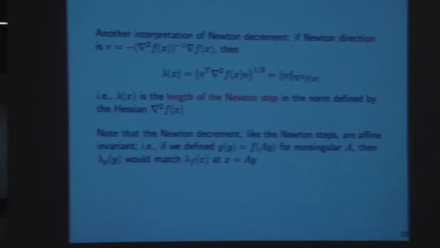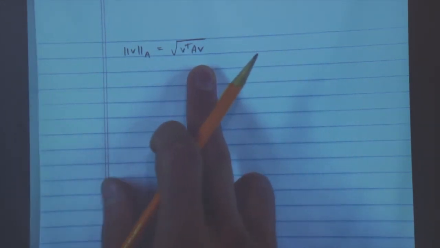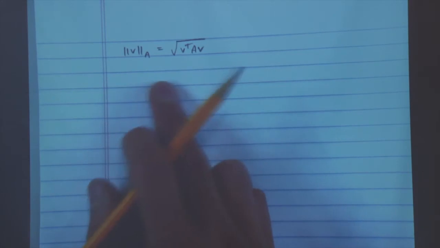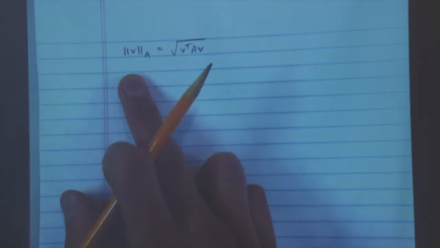The A norm we can think of, right, of a vector, for a positive semi-definite A. We can define it like this. You might have seen this in statistics called Mahalanobis distance sometimes. We didn't talk a lot about steepest descent. I think you talked about it a little bit. In steepest descent, we might consider changing gradient descent from basically living in the space of the L2 norm to a norm that's defined in terms of another quadratic form, positive semi-definite quadratic form.